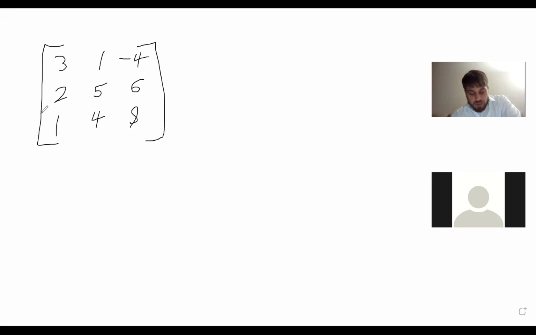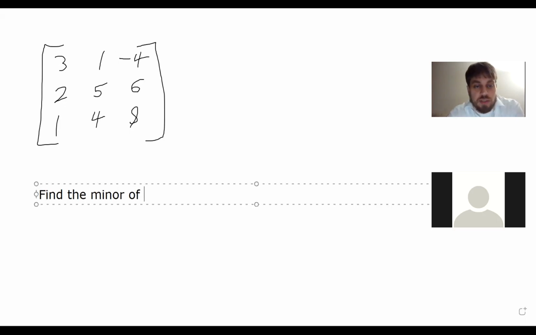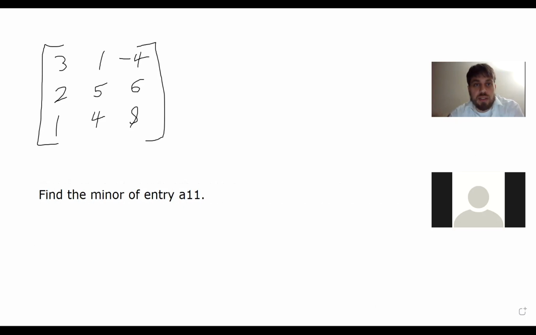And so we're finding the minor of entry A11, right? The goal is to find the minor of entry A11, and the notation for it is capital M sub 11.